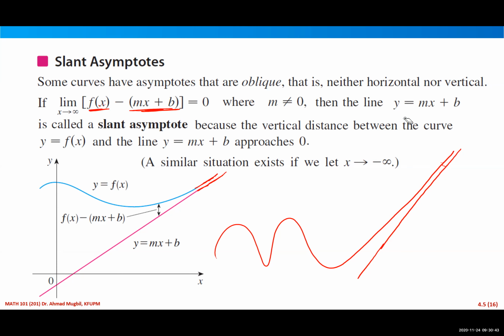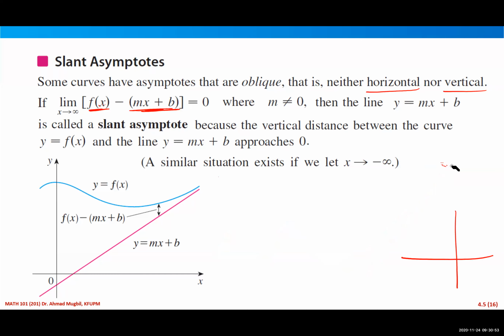If we have a line like that, we call it slant. Why do we call it slant? Because it is not horizontal and not vertical. If it is vertical or horizontal, it is not slant. Slant, or oblique, means that it is not horizontal and not vertical. It has a positive or negative slope.